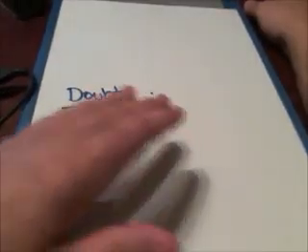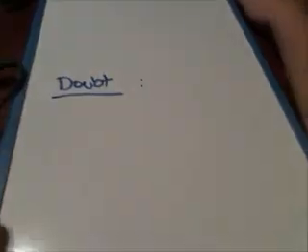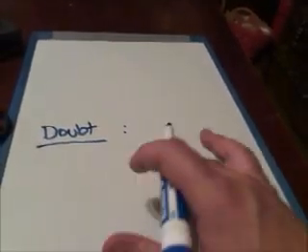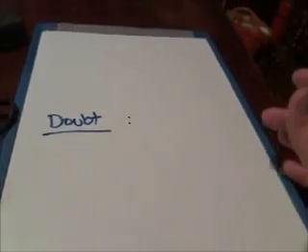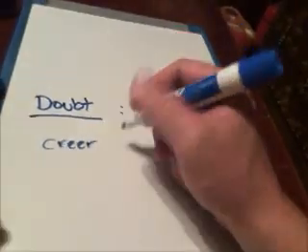Well, what exactly is doubt? When you're negating something or you don't believe something. So anytime there's doubt, it's going to be followed by the subjunctive clause. What do I mean? All right, let's take the verb creer, to believe.